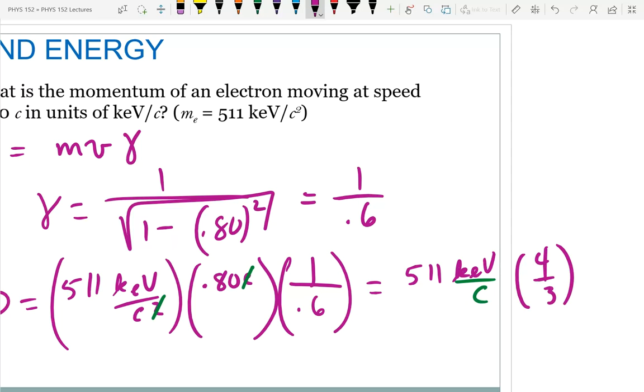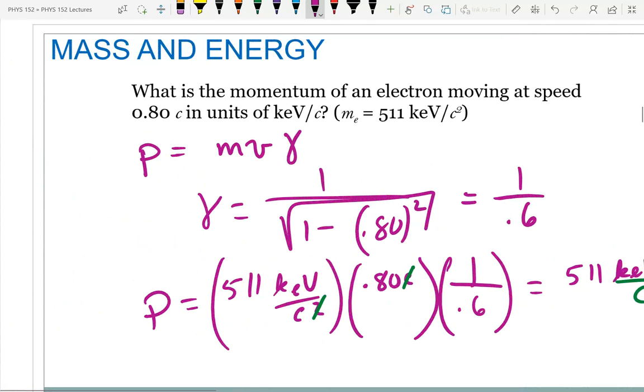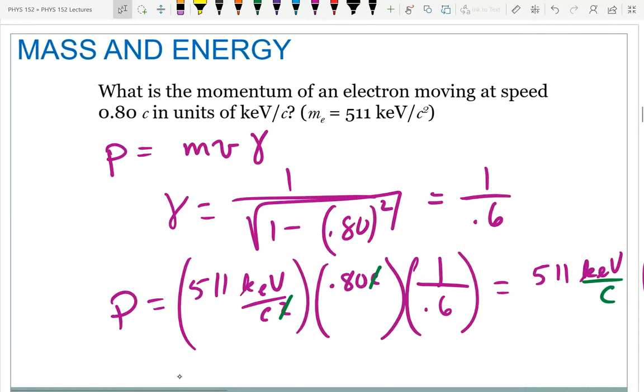And I'm not even going to take the time to multiply it through. It's 4/3 of 511 kiloelectron volts per c. So we express momentum in units of kiloelectron volts per c, energy in kiloelectron volts, mass in kiloelectron volts per c squared. Is that an easy or hard concept?